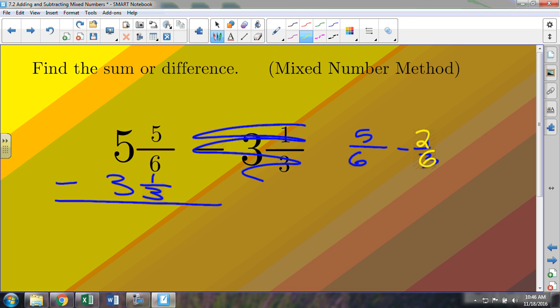And so 5 over 6 minus 2/6, that is 3/6. Well, 3/6 can of course be simplified. That's just the fraction half. So that tells us 5 over 6 minus 1 over 3 is the fraction half. Fraction minus fraction gives us half. Whole number minus whole number, 5 minus 3, is 2, and we got our same answer.